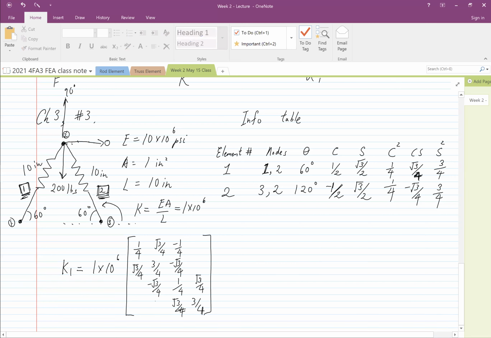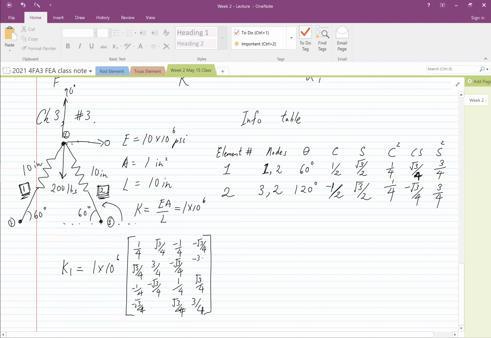Right here is -c squared, and this is c squared. Finally, this is -sc, and this term will be -s squared.